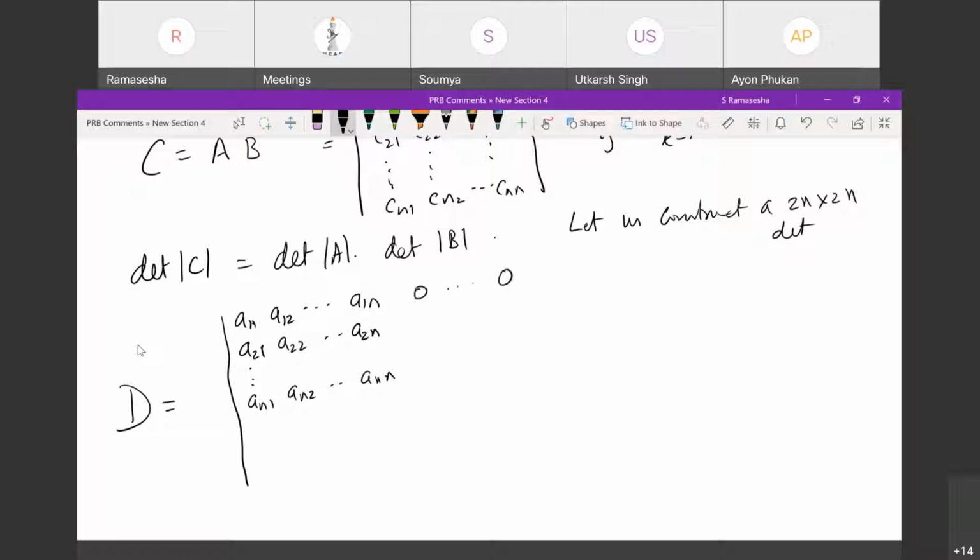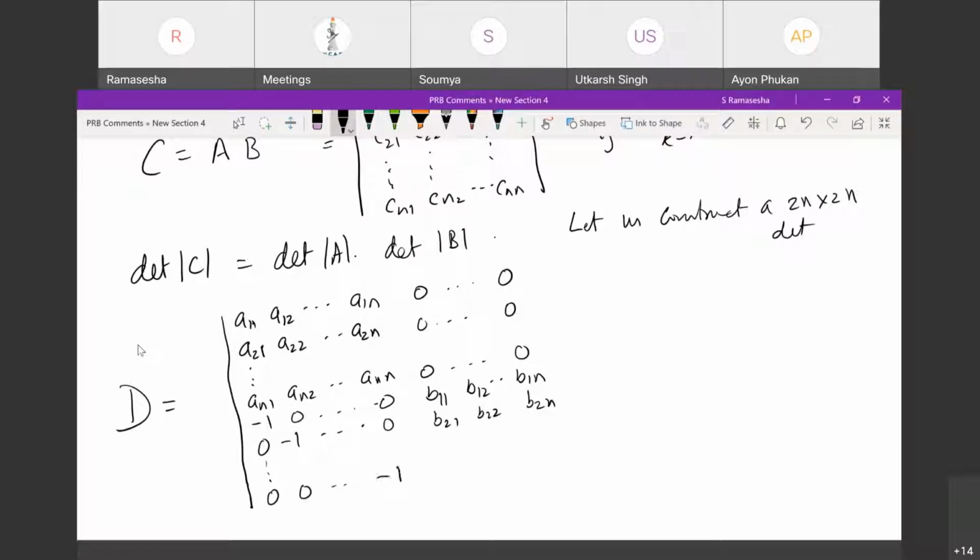Then I'll have -1, 0, 0 and then B11, B12, ..., B1n, then 0, -1, 0, B21, B22, and continue like this: 0, 0, -1, and then Bn1, etc., Bnn.